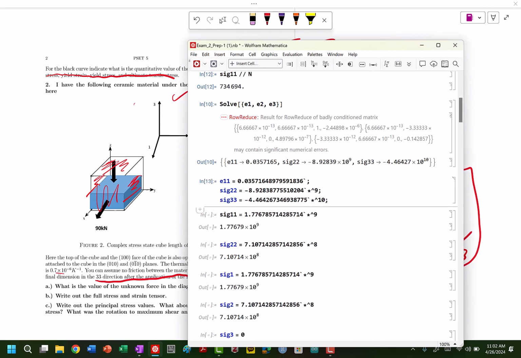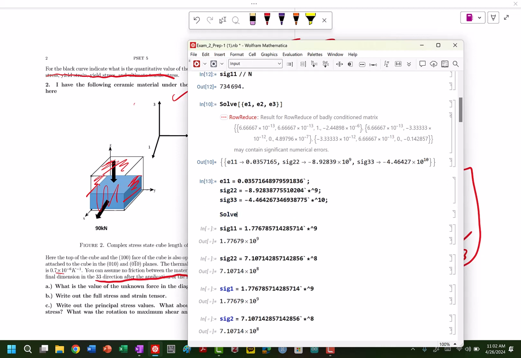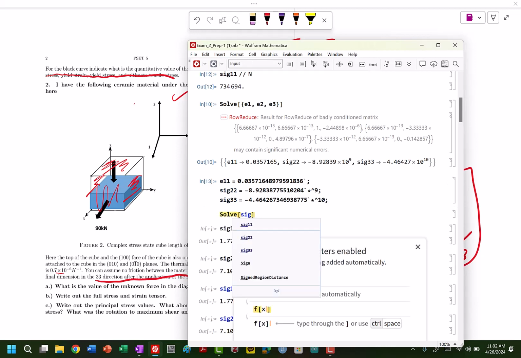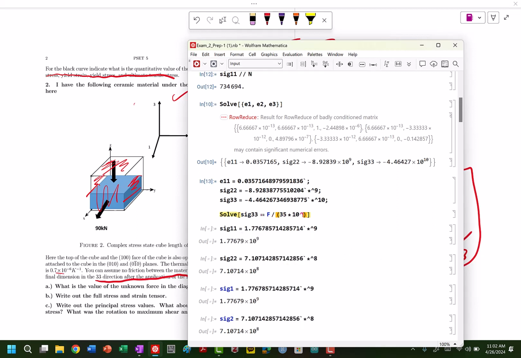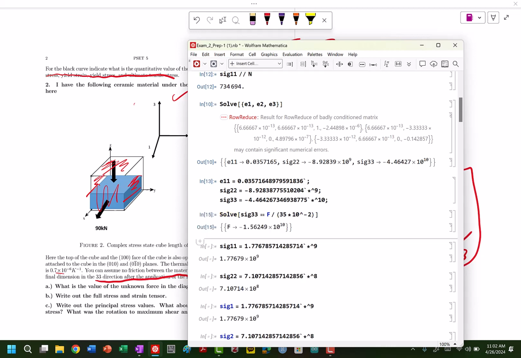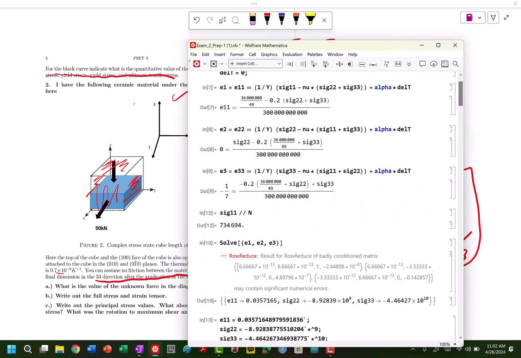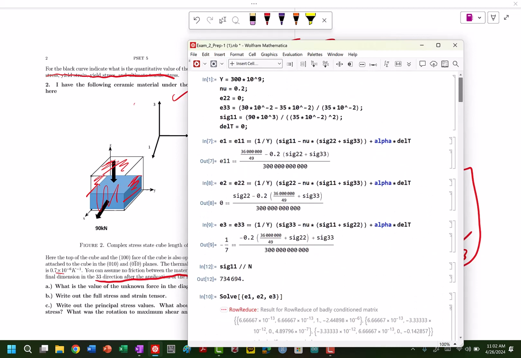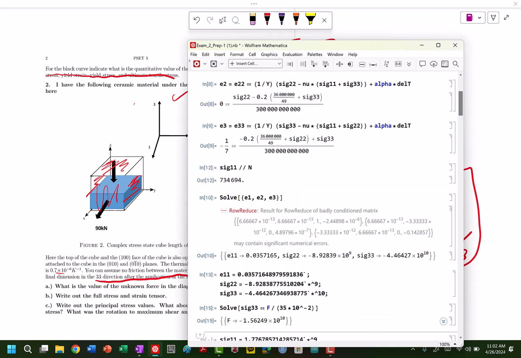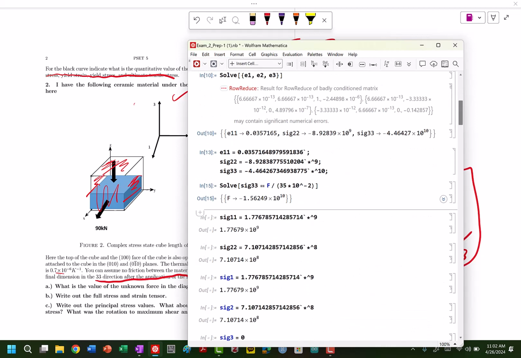So now for the sig33, we solve where sig33 equals a force divided by an area, which is 35 times 10 to the minus 2, and that would be that force. It's quite large, but makes sense because I don't really practice these problems ahead of time. Excellent. So we've got our values.